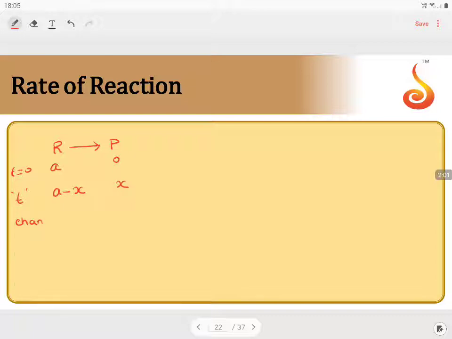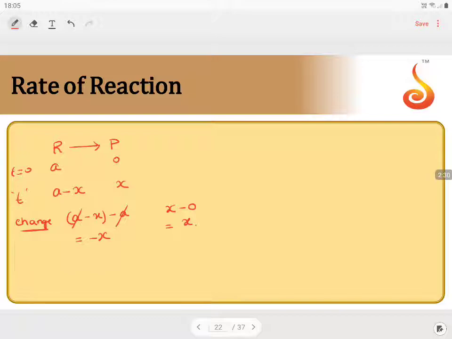For the reactant, the change is A minus x minus A, the A gets cancelled, so the change is equal to minus x. For the product, the change is x minus 0, which is equal to x.